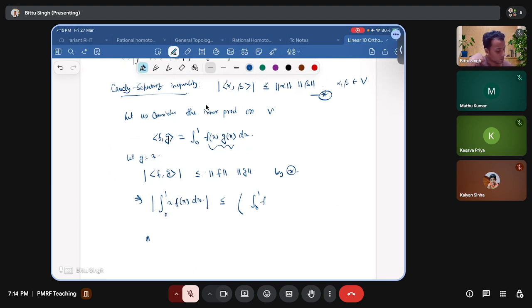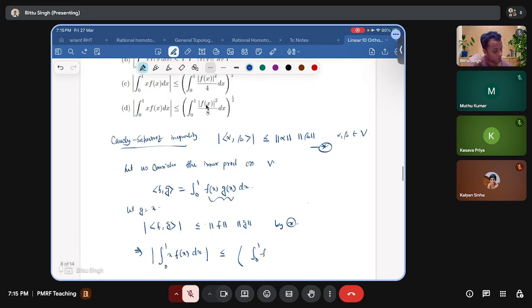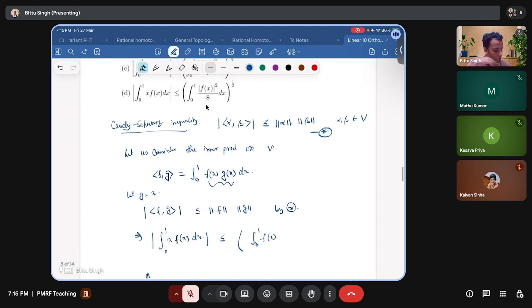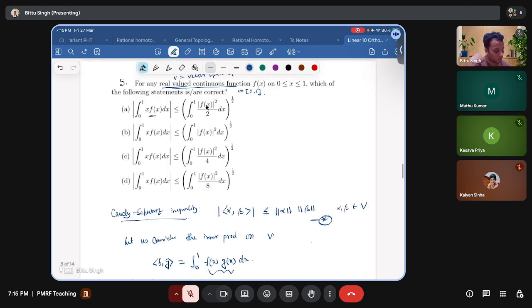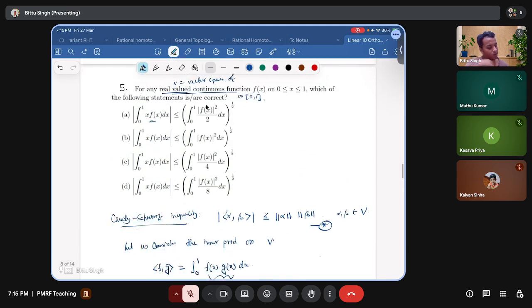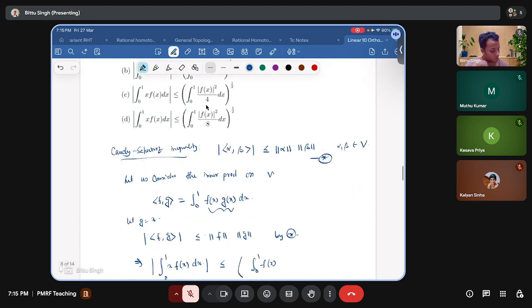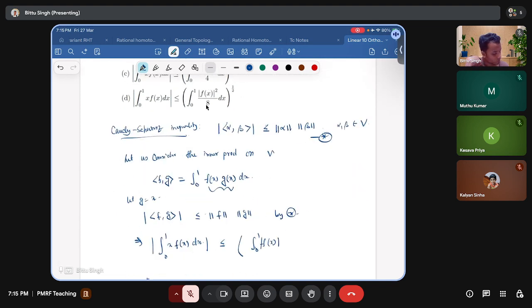So this is f(x) times f(x), which you can write as a modulus, but it is not important. f(x) times f(x) is always non-negative, because a real valued function is given. So the integral of mod f(x) squared times dx. Okay, so this is the norm of f.